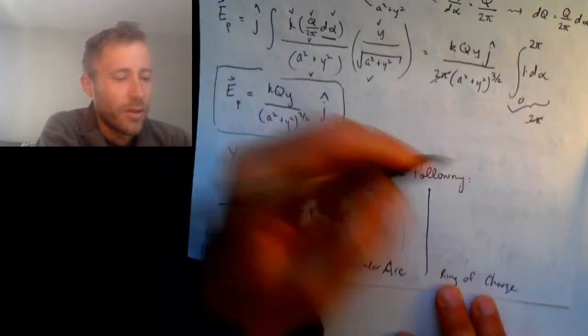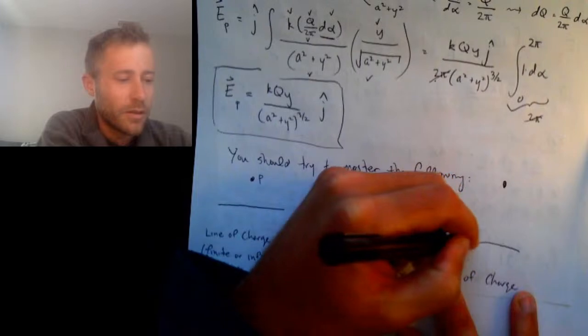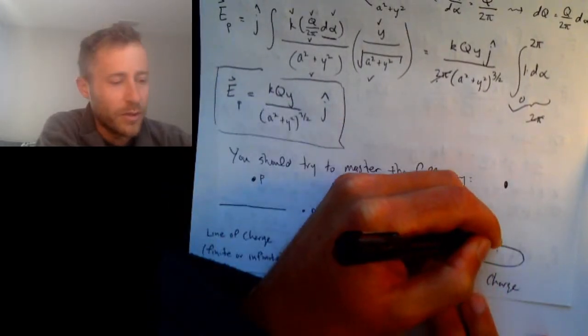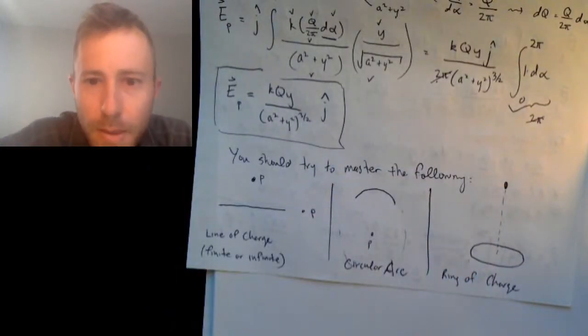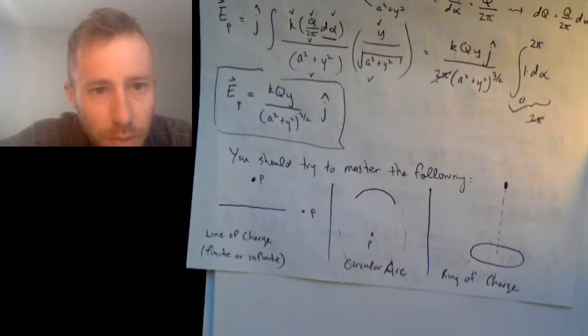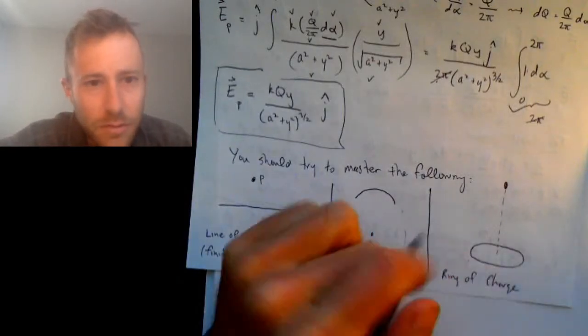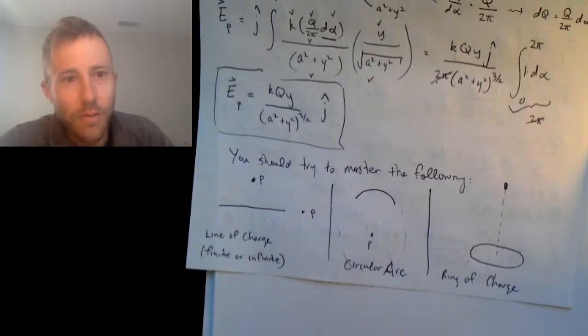And the only place that you would need to calculate the electric field is a point that is on the axis of symmetry of the ring. Okay? So if you have mastered these 3 examples, you can basically do all of the ones that you can do.